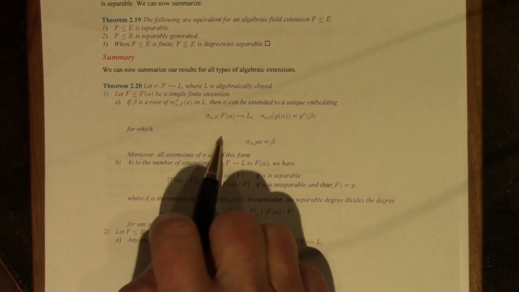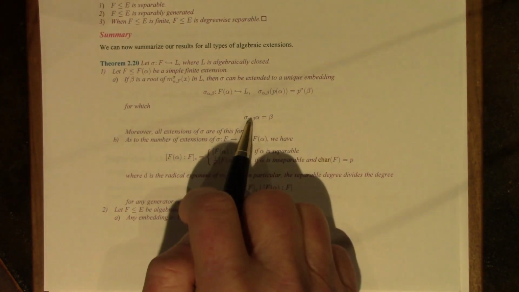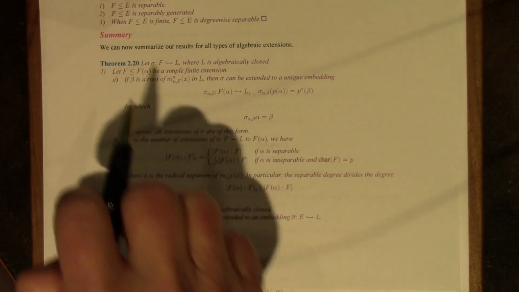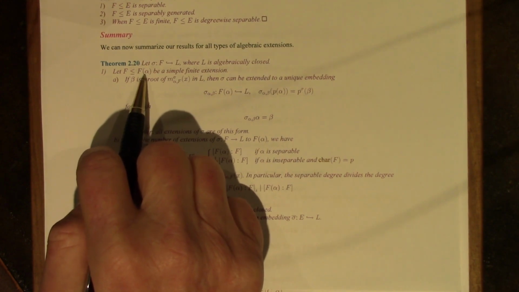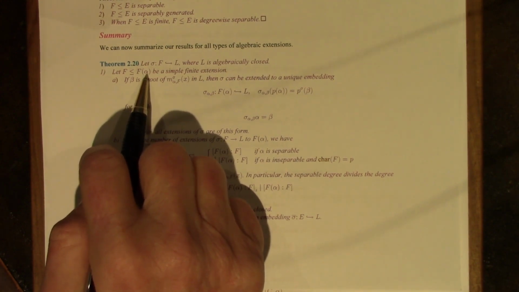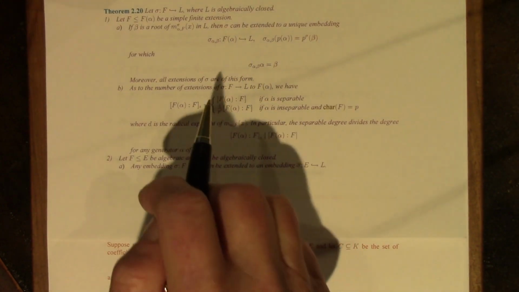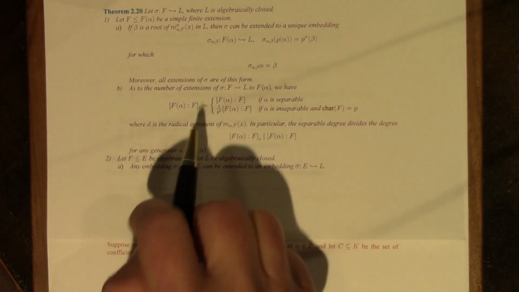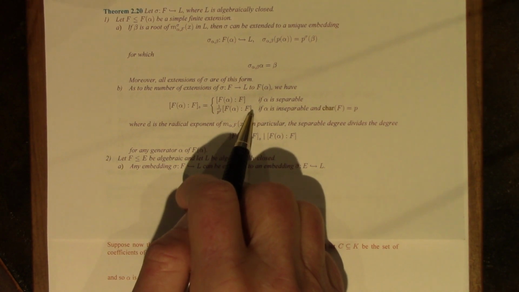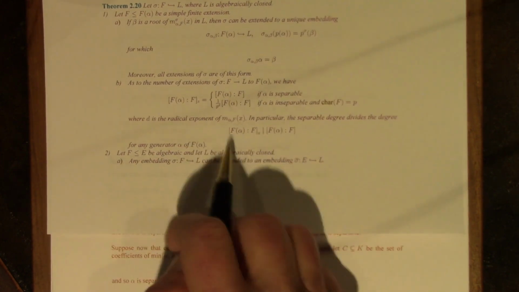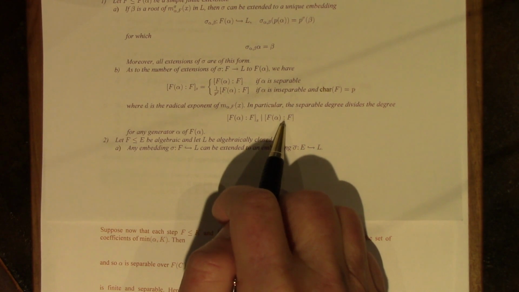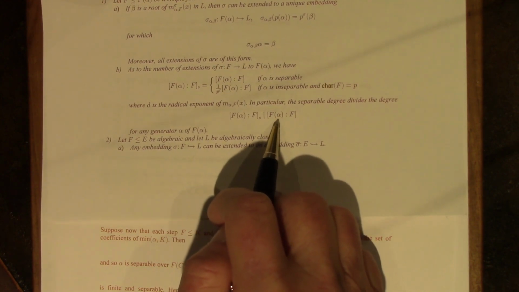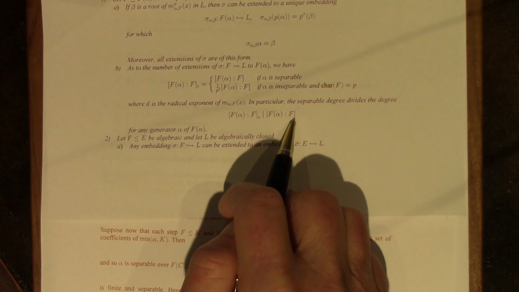All extensions have this form, so we have a real clear picture on what the extensions of sigma look like when we extend the domain by adjoining a single algebraic element. As for the number of extensions, we have this formula. D is the radical exponent. In particular, the separable degree divides the degree. This is the vector space dimension.